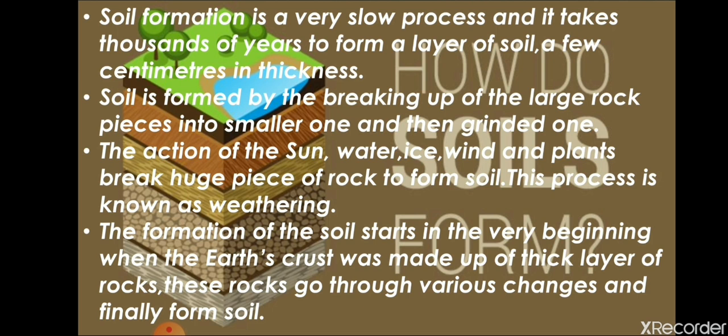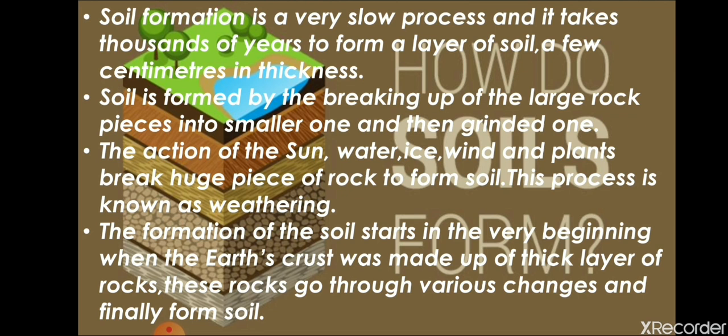Now, there are many factors. One more thing, we always see that soils of different places are of different qualities. Soil is different at different places. Why is the soil different at every place? Because the properties of soil change from place to place.